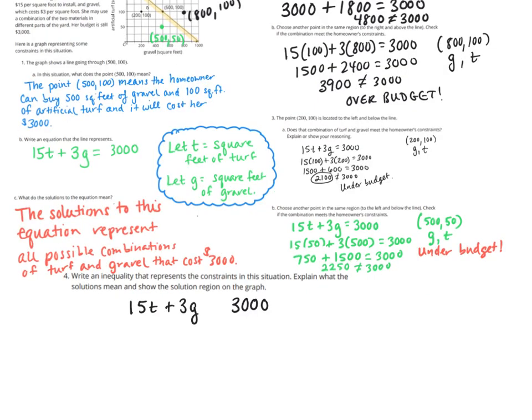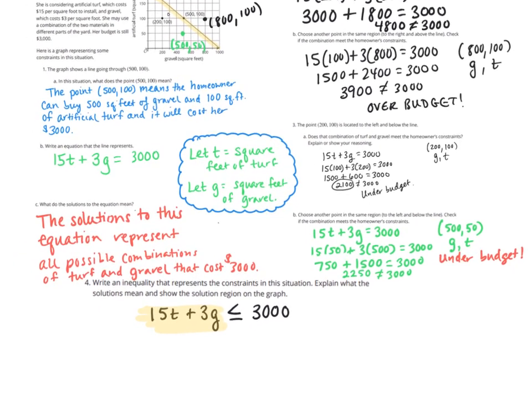All right, so we need to relate these two expressions. We can have any combination that's going to be less than, under budget, or equal to the budget of $3,000. Okay, so that is why we're going to put this sign in the middle. This value over here must be less than or equal to 3,000 to work.